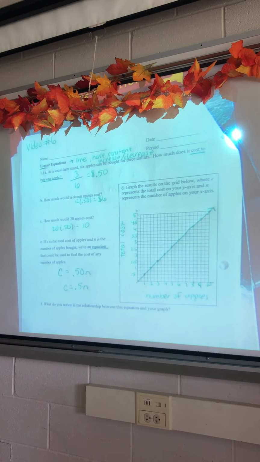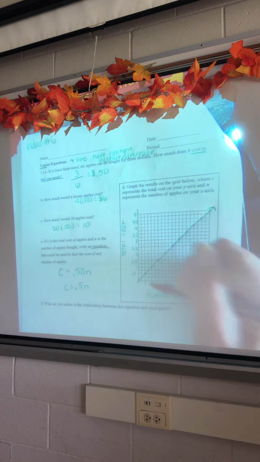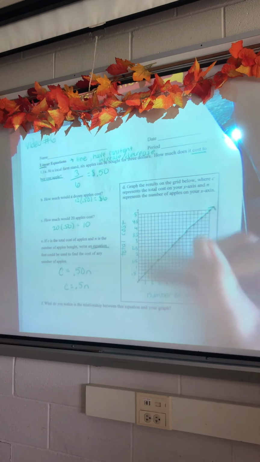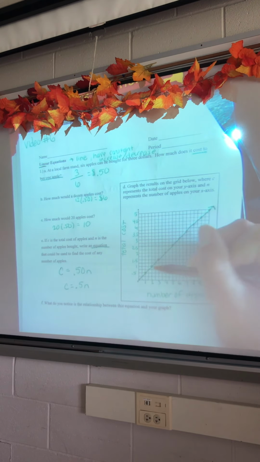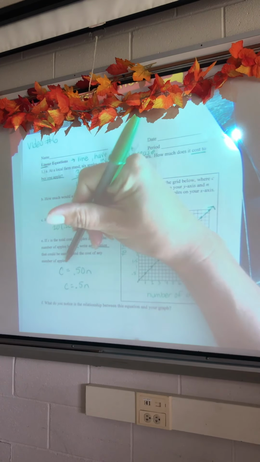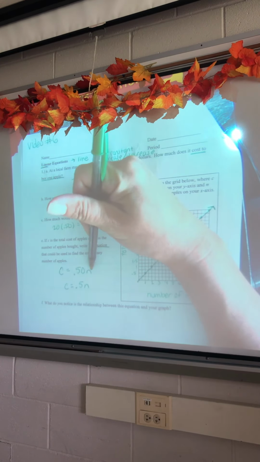So now part F says, what do you notice is the relationship between this equation and your graph? So if we notice on our graph, for every one apple, we were going up another 50 cents. And if we look at our equation, we said that for every one apple, no matter how many there are, we're going to have another 50 cents.